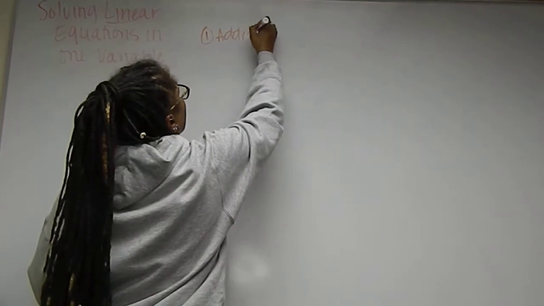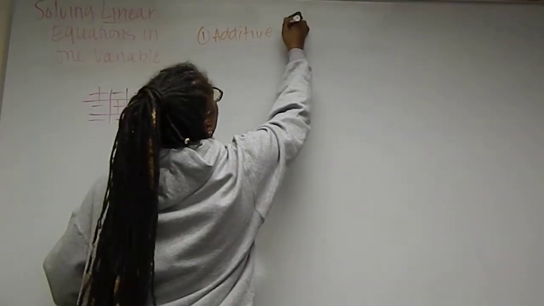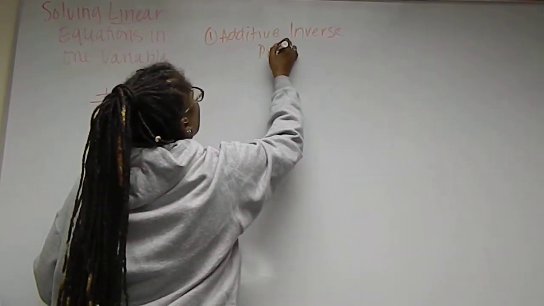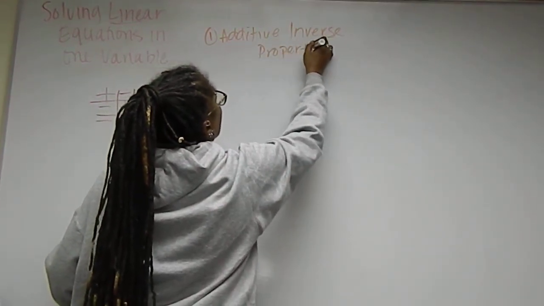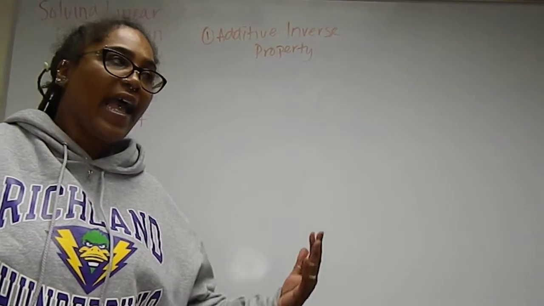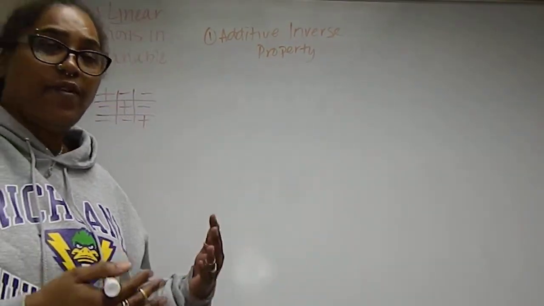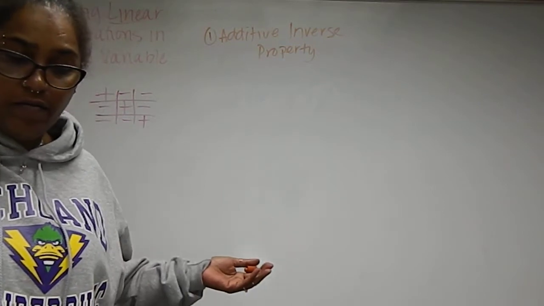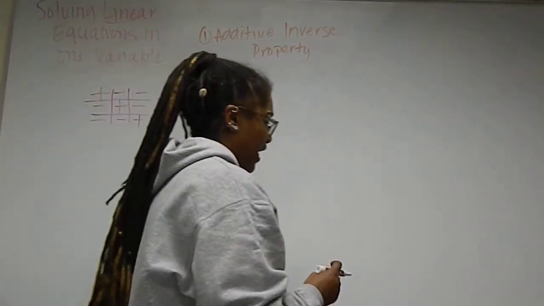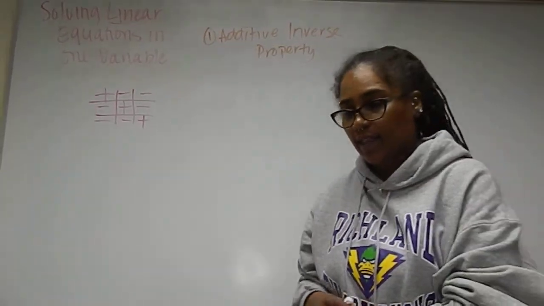Additive inverse property. All right. The additive inverse property states that when you add the inverse of that value, you get 0. So anytime you want to make it 0, you have to use the additive inverse. What does that look like?